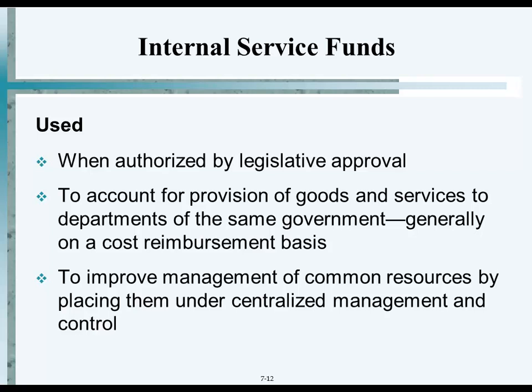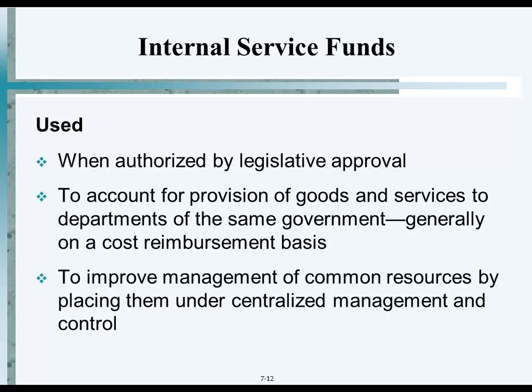Let's assume you're a big state or a big city and you have a lot of printing that needs to be done. You have two choices. Send out all your printing to Staples or some other place and pay whatever that is, or somebody comes up to you, bless you, comes up to you and says, why don't we set up an internal printing department, an internal service fund, and we can do it cheaper.